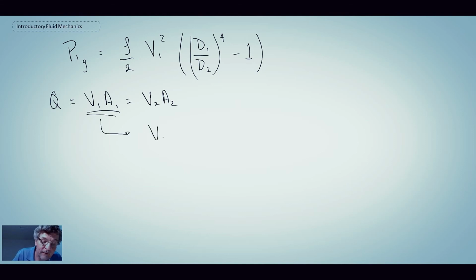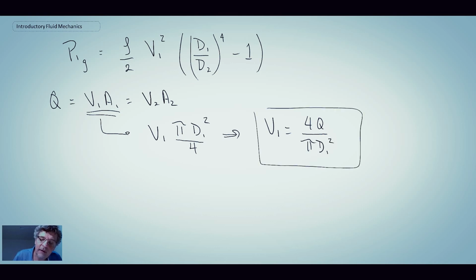We then get V1 multiplied by the area at 1. And from this, we can then write V1 in terms of volumetric flow rate. So we get that. What I'm going to do is take this here and plug it back into this equation, and that will give us what we're after.